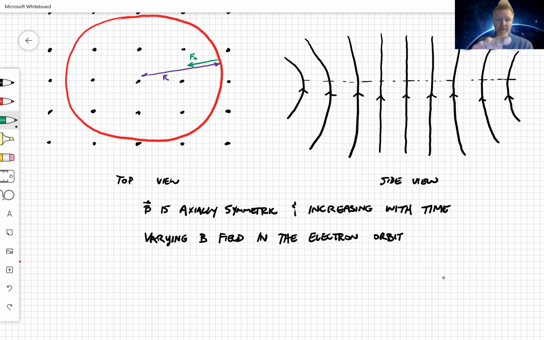That's what I'm ultimately getting at here. The velocity of an electron right at that point would have to be that way, in order for the force to be inwards.